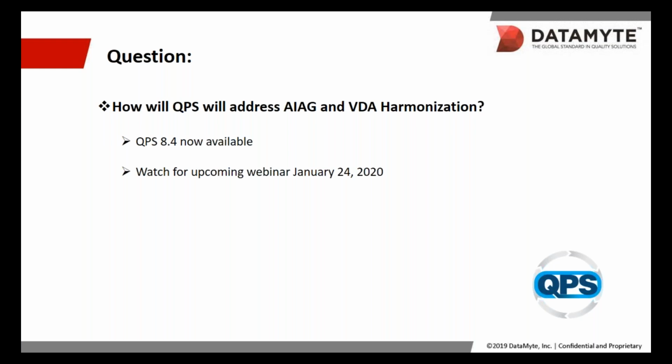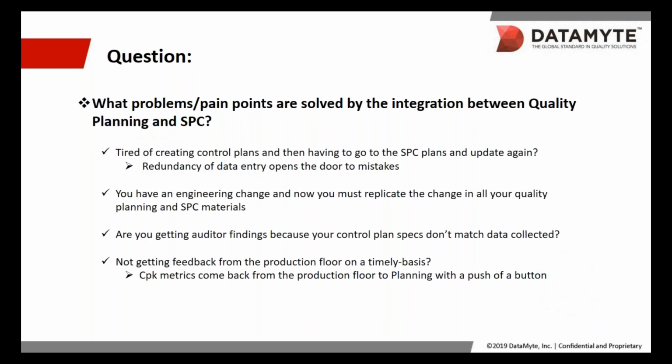That will give us great information to use for that webinar in January. But we won't spend a lot of time at the end discussing that. We want to get into our topic of the day, and that is going to be this bi-directional integration that we have between our Quality Planning Studio and our SPC, our DataMetrics software.